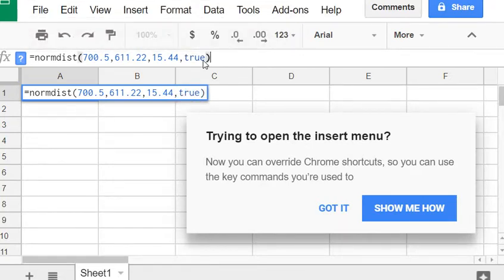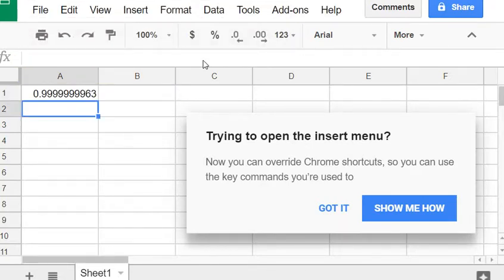Now this is going to give you the area in the left tail. We don't want the area in the left tail. We want the area in the right tail. So we can say, all right, that's going to equal 1 minus, and then click on this cell, and we're getting pretty much the same thing.